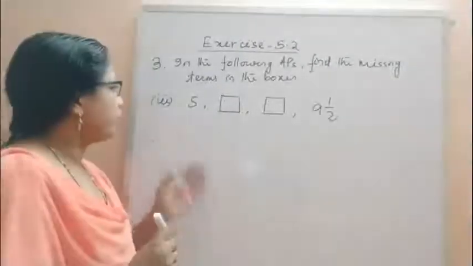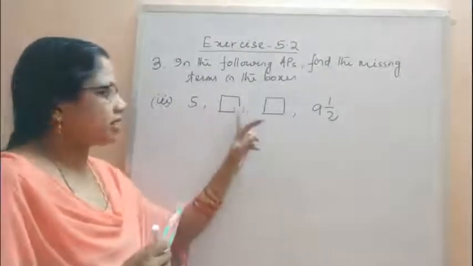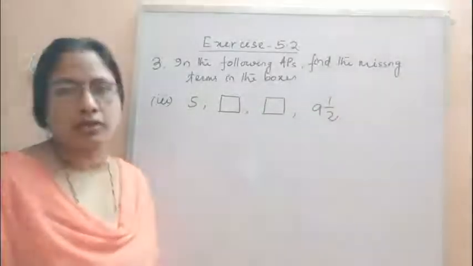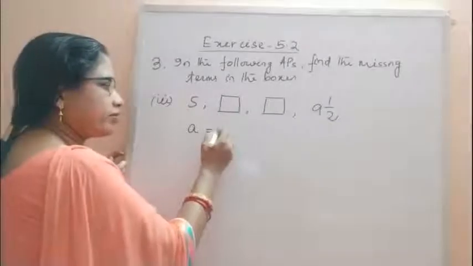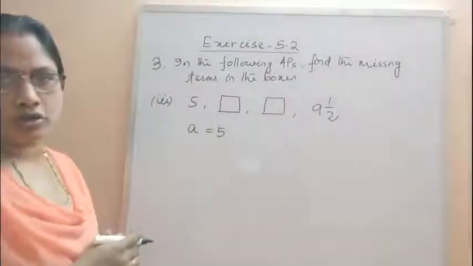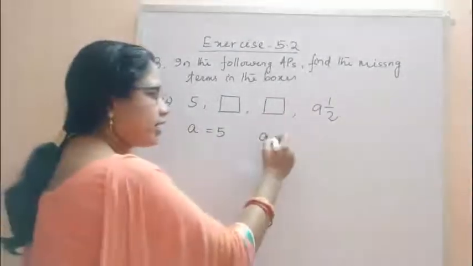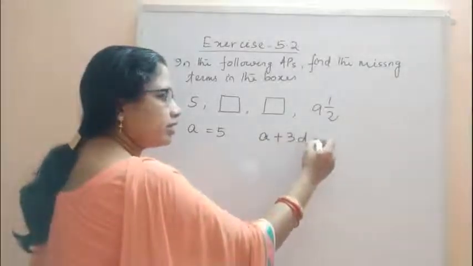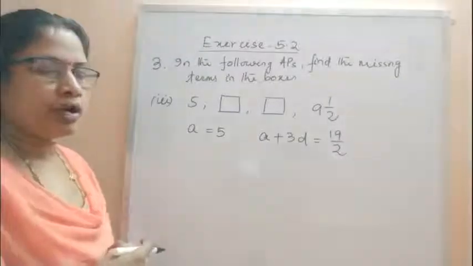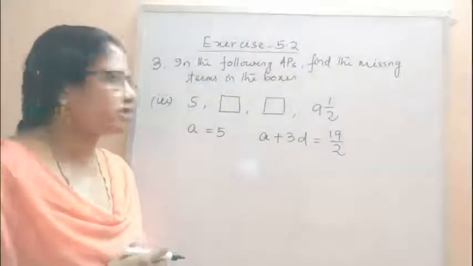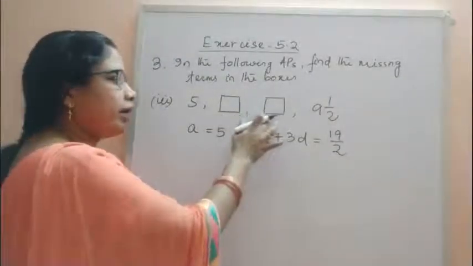So our third bit is 5, dash, dash, 19 by 2. Our a is given, a is 5, and this is our fourth term. That means a plus 3d is equal to 19 by 2. Then we have to find a and d first, then we will find a2 and a3.